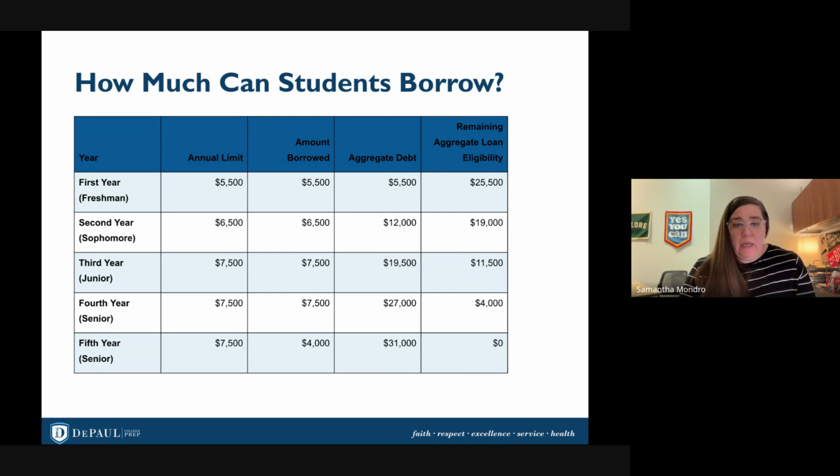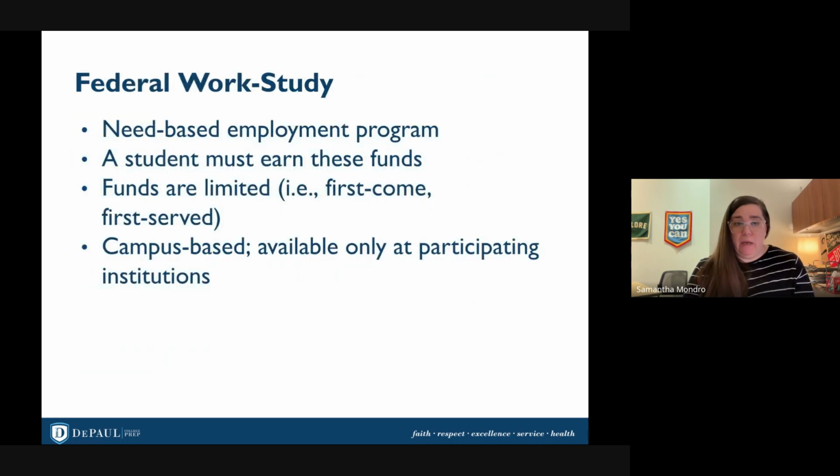In the aggregate, if you only use loans for 4 years and take out the limit, you would be borrowing $27,000, but you would have access, if you needed to continue studying during a fifth year or an additional semester, to borrow up to a maximum of $31,000.